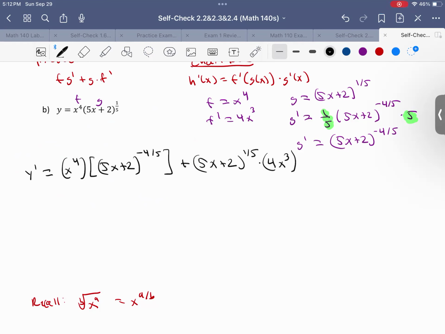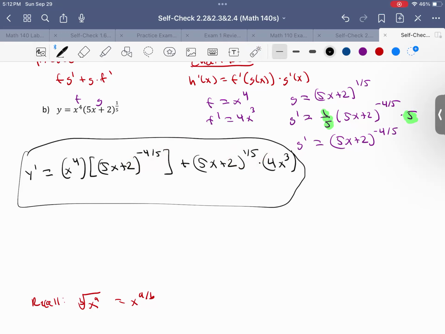And once again, we really can't simplify it after this because we have these weird fraction powers here. So this would be a good answer to stop at.